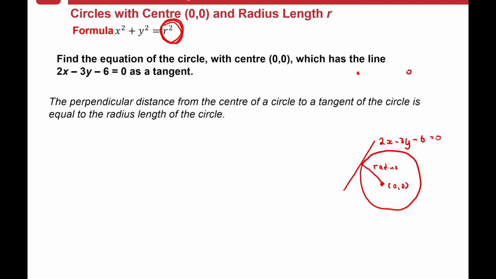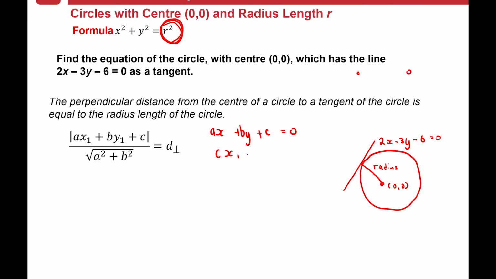Going to our log tables, to find the perpendicular distance between a line and a point, we find the absolute value of ax1 plus by1 plus c over the square root of a squared plus b squared, where a, b, and c are the coefficients of your equation of the line, and x and y is your point.